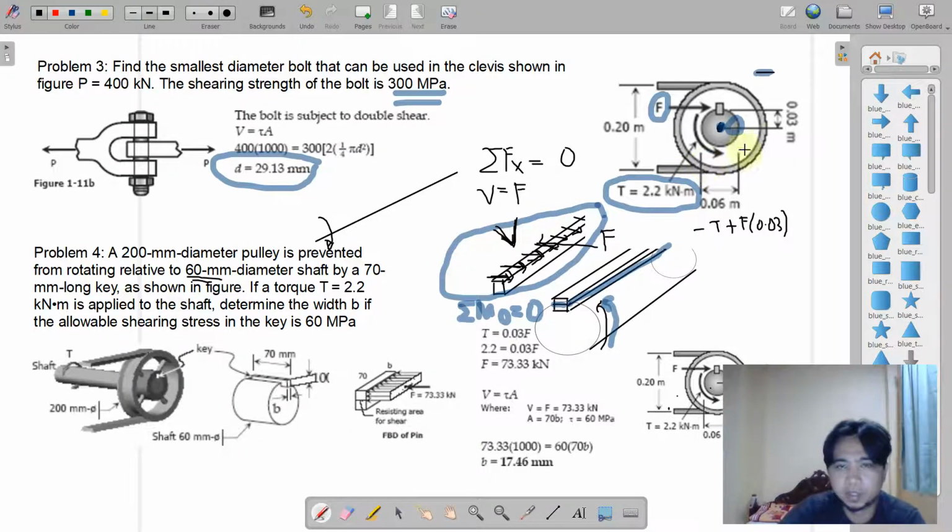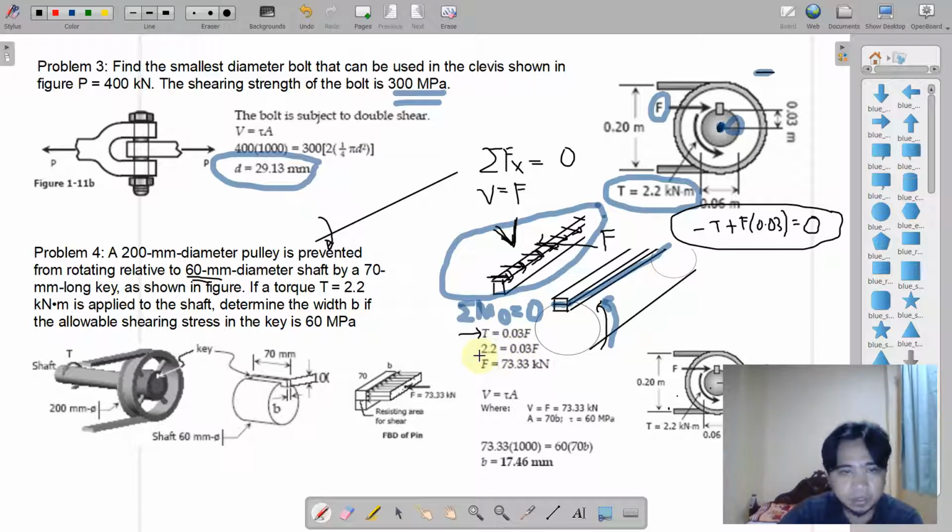So we have that one because we are referring to the radius only to locate F up to point O. So that is why F times 0.03. So there is no any other force. Then we can close it and equate it to 0. That is why from this we have this one. T is equal to 0.03 F.